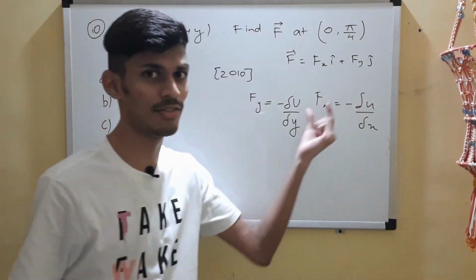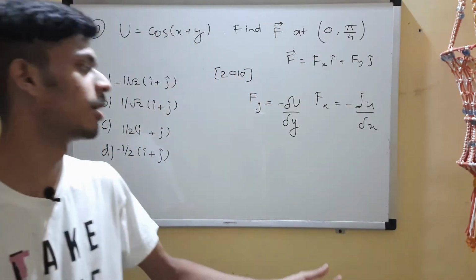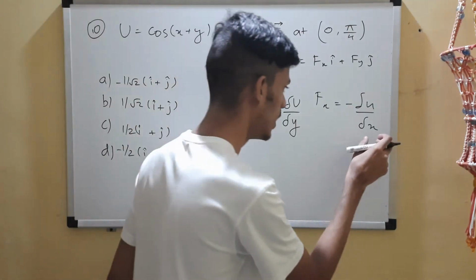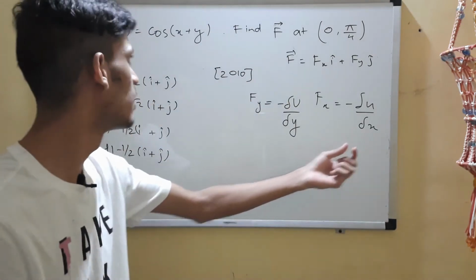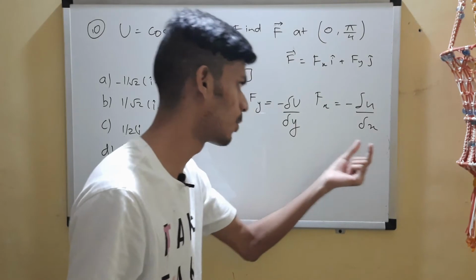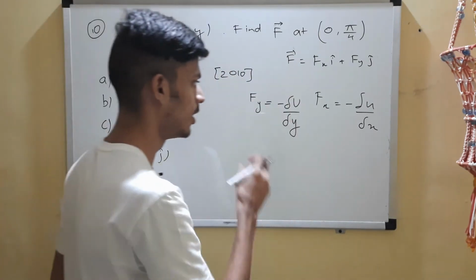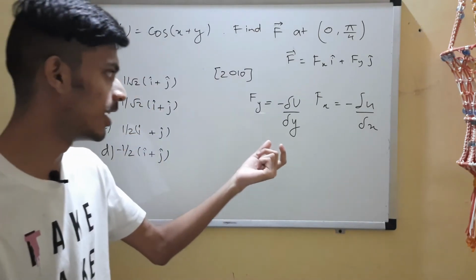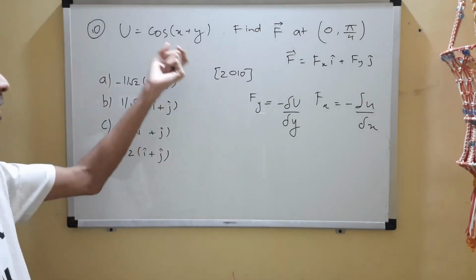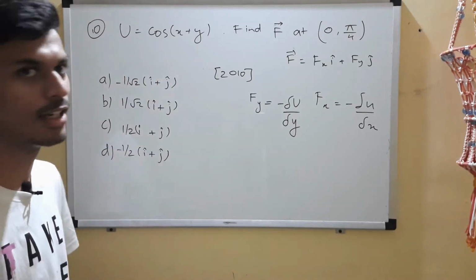This is partial differentiation. Keep one thing in mind, whenever you are doing partial differentiation, whenever it is with respect to x, you will treat y as a constant. In the similar fashion, whenever it is with respect to y, you will treat x as a constant. So one variable treats the other as a constant.